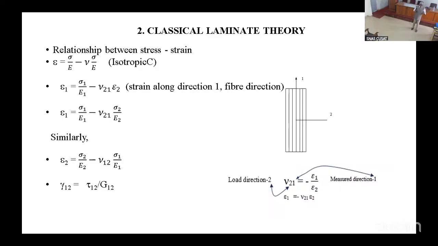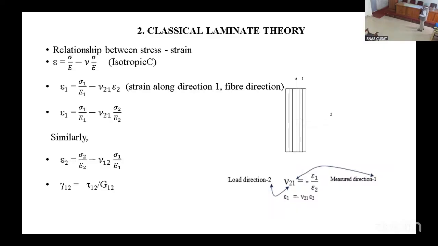That is why the negative sign is given: lateral by linear, lateral in this direction it will shrink, and epsilon 2 is in this direction. So epsilon 1 by epsilon 2 is this Poisson ratio nu 2 1. So that will give epsilon 1. Then you substitute it here.